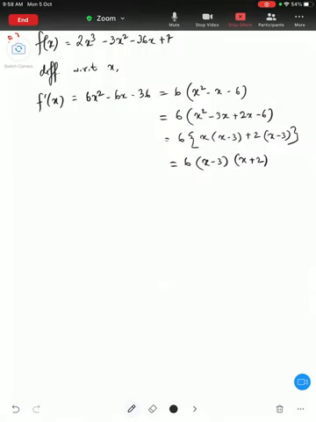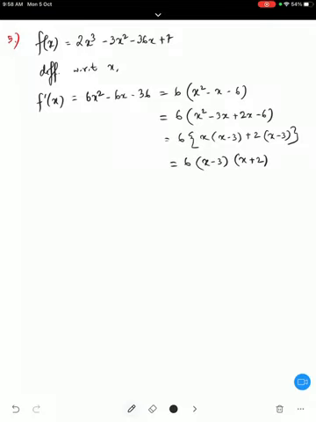So now after this point, always remember, after this I have to find the critical points. So how to determine the critical points? What is a critical point? Tell me.